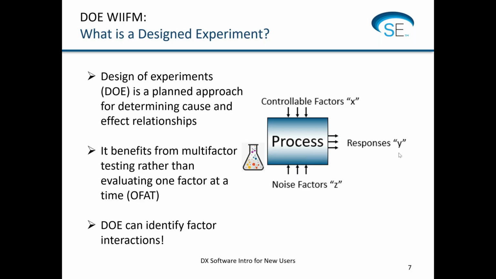What happens inside the oven might wander around. It might cycle. If we set it for 350, maybe it'll cycle between 325 and 375. So we think it's 350, but what the cookie sees is something different. The response is based on what the cookie actually encounters as opposed to what we set it for. So we're going to have some variation caused by a number of noise factors. Our job is to statistically figure out, does X impact Y, despite the fact that we have noise factors going on.